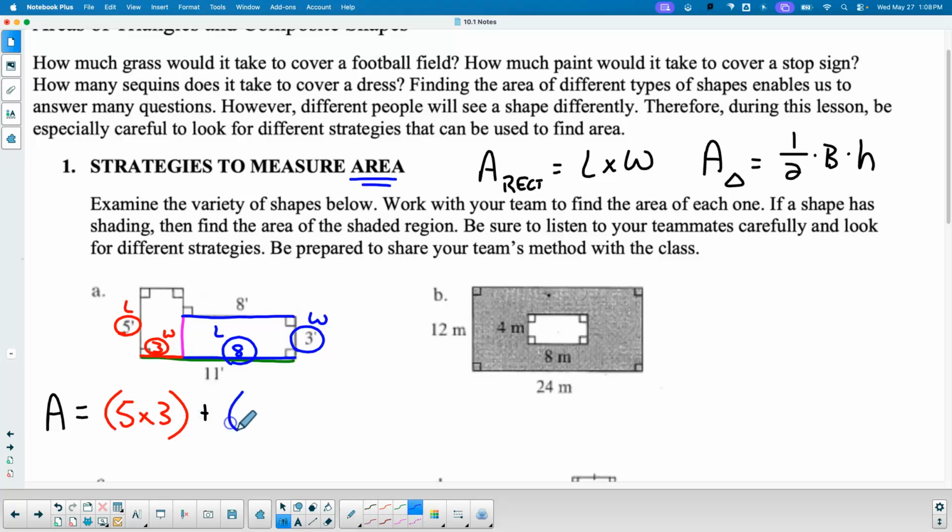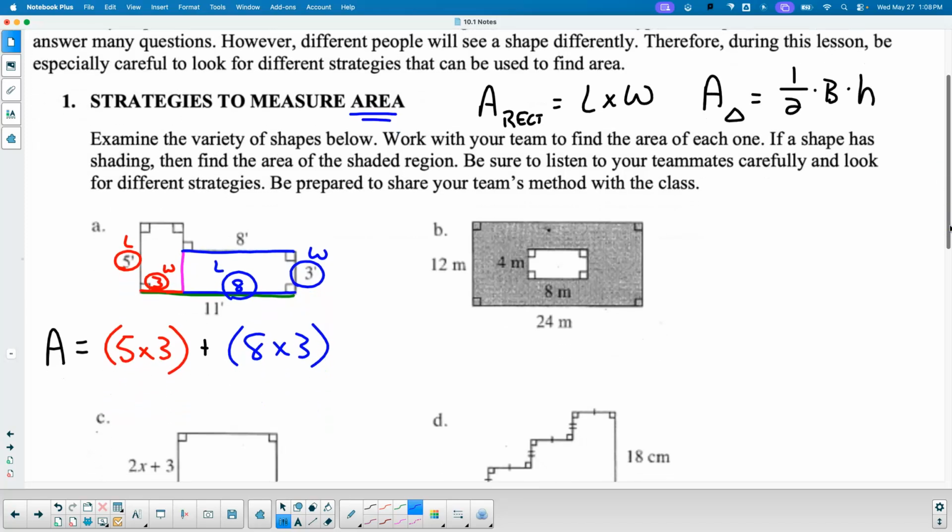The blue one is 8 times 3. 5 times 3 is 15. 8 times 3 is 24. 15 plus 24 is how much? I thought you just said 30 there for a second. Right? So 39. So the area here is 39.